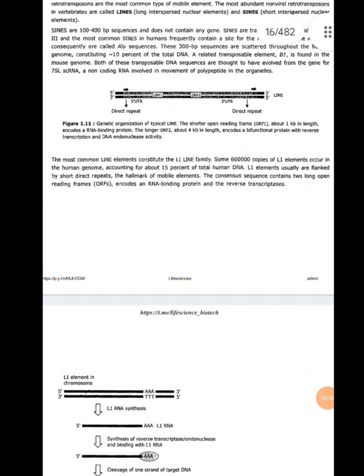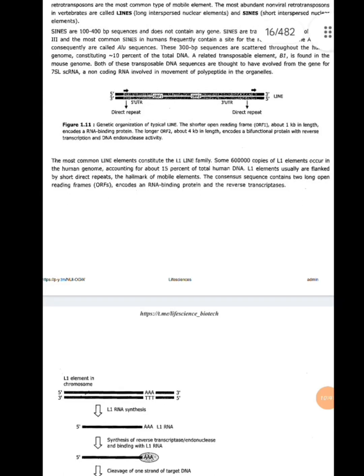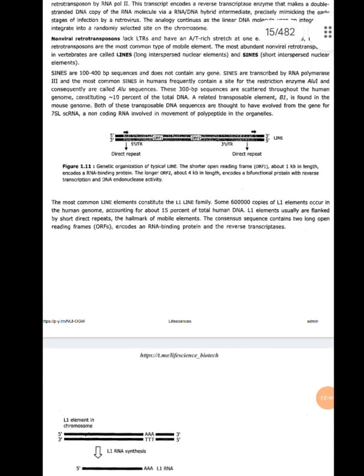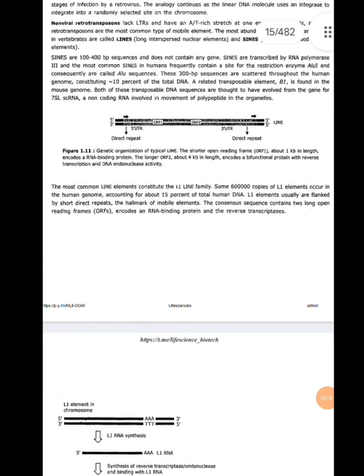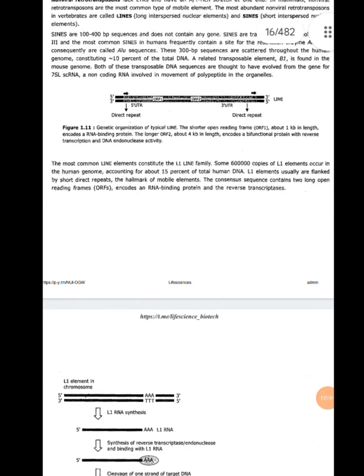This is the typical structure of a LINE element. The shorter open reading frame, ORF1, which is about 1 kb in length, encodes an RNA binding protein, and the longer ORF2, which is about 4 kb in length, encodes a bifunctional protein with reverse transcriptase and DNA endonuclease activity.